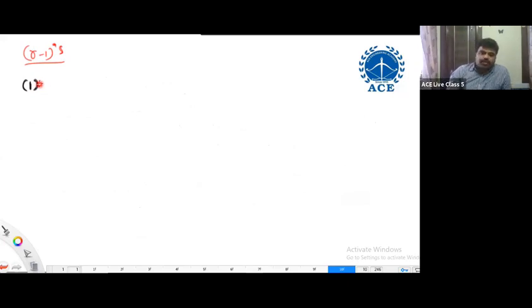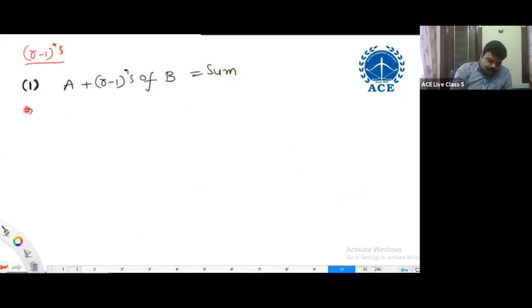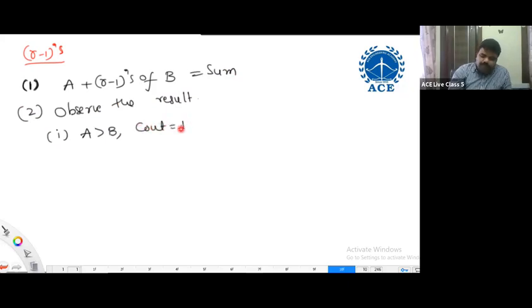Again, here also what we are doing? A plus R minus 1's complement of B. Again, second step is what? Observe the result. In that first one, once again, A greater than B. Final carry out will be 1.